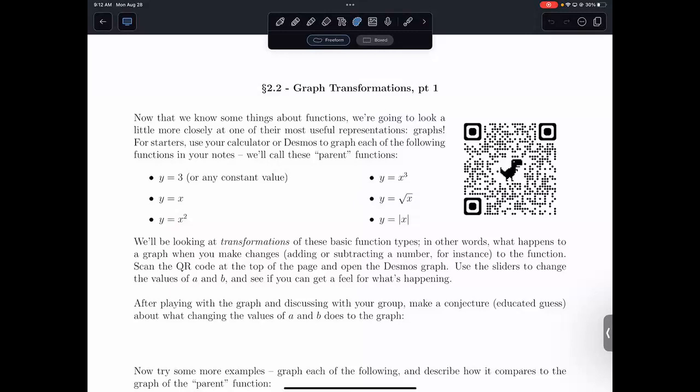And then find the domain and range from the graph. We want to get to the point where we recognize these when we see the graph, or when we see the function, we can call to mind an idea of what the graph looks like. And then find the domain and range for each.